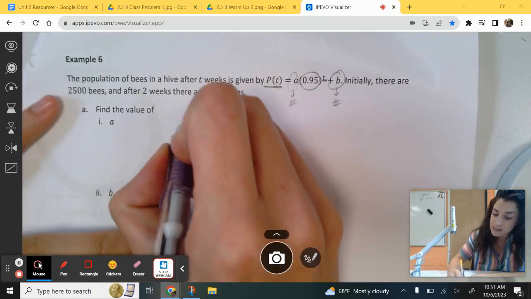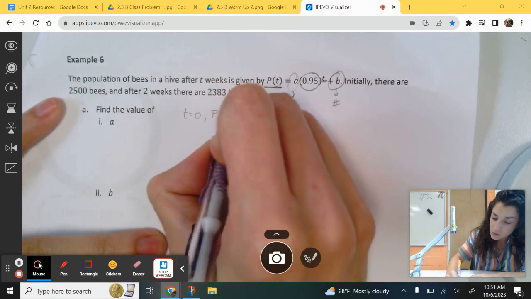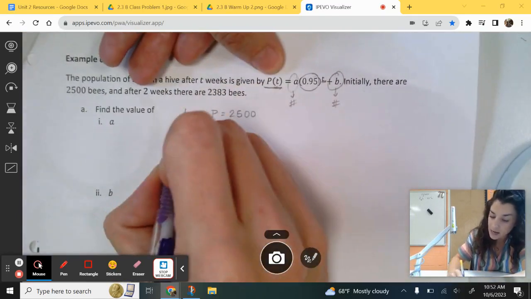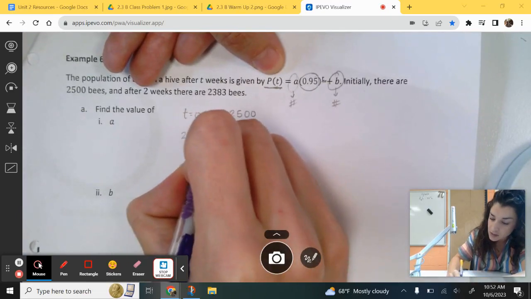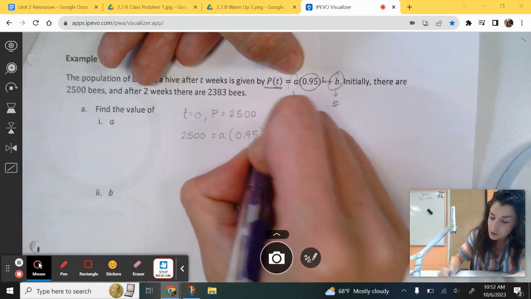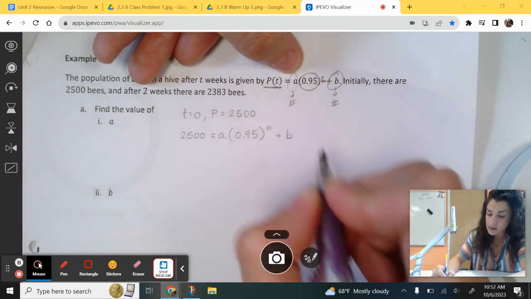So initial means T equals 0 and P equals 2,500. So if I were to create that equation, I would get 2,500 equals A times 0.95 to the 0 power plus B.